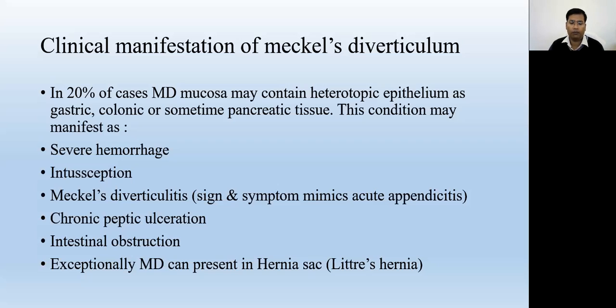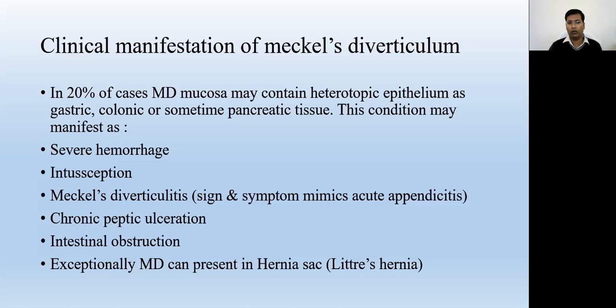Next, the presentation of Meckel's diverticulum may be typically similar to the features of appendicitis: pain, nausea, vomiting, and abdominal pain. Initially, if the patient has a good immune system, the walling off by the omentum may produce an appendicular mass.